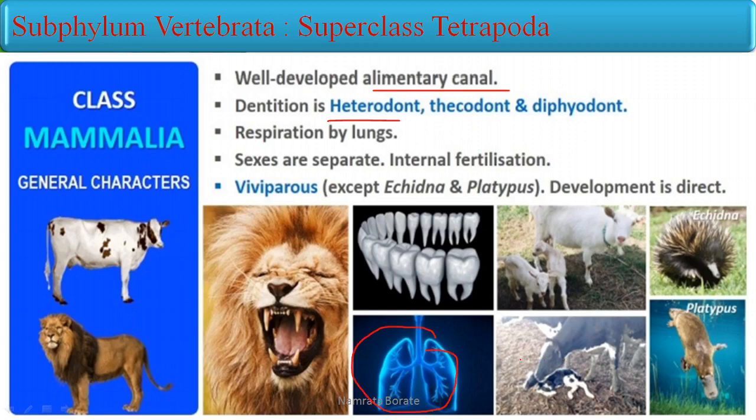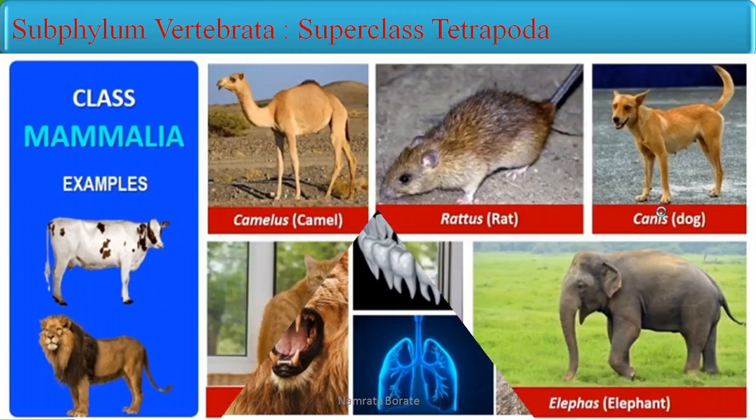The sexes are separate. Internal fertilization is there. They are viviparous, except the echidna and the platypus. These two are oviparous. Others are viviparous. Development is direct.